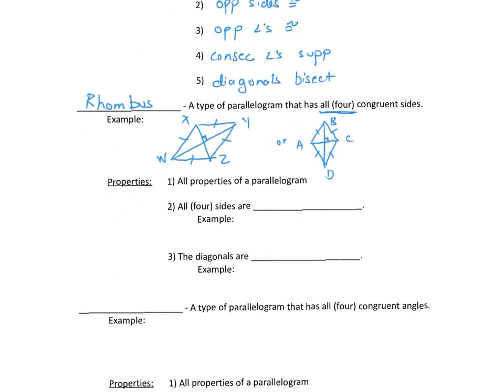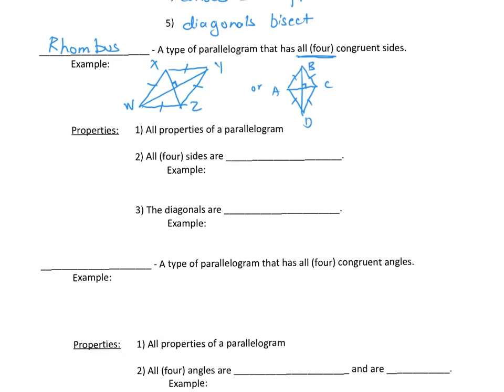So a rhombus has all the properties of a parallelogram. All 4 sides are congruent. So, for example, in our WXYZ, WX has to be congruent to XY, congruent to YZ, and congruent to WZ.